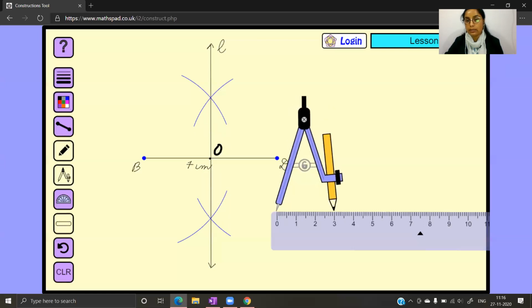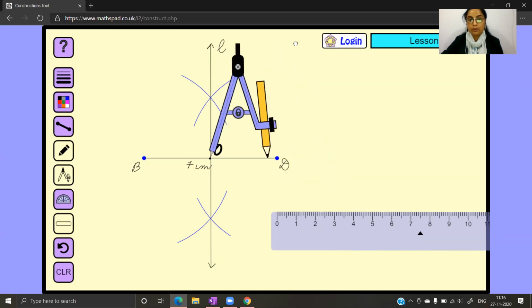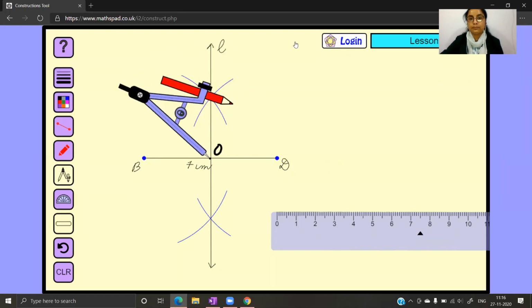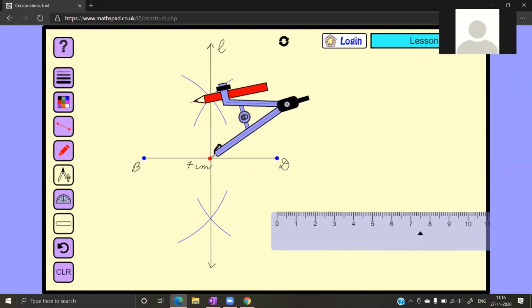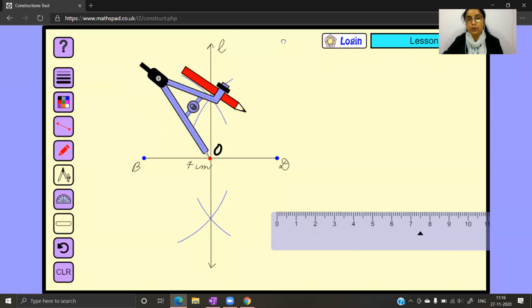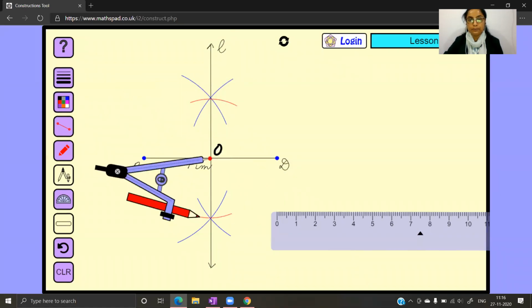Whatever is the length of the other diagonal, whatever its half is, we will open the compass to that radius and then draw arcs above and below O from point O. So this is from O above, and then do the same below as well.